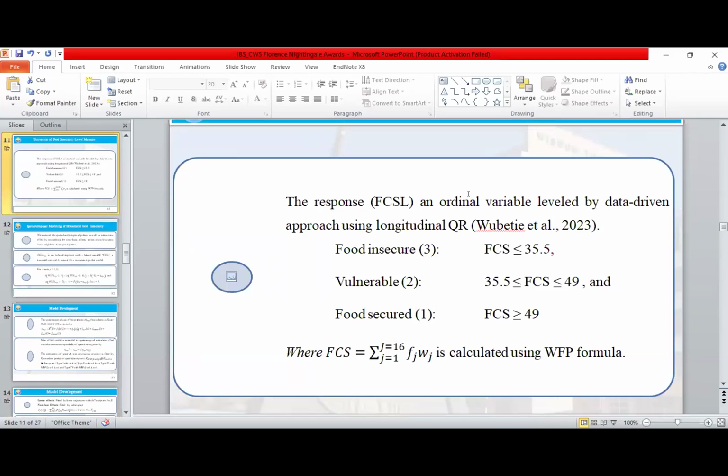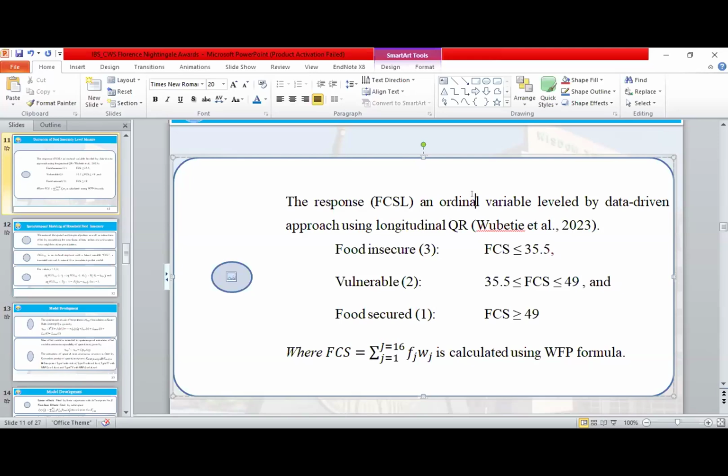The response variable is an ordinal response. It is labeled by a data-driven approach using longitudinal quantile regression, published in Frontiers by Ubate and colleagues in 2023. We classify the food consumption score into 3 categories: food insecure, vulnerable, and food secured.